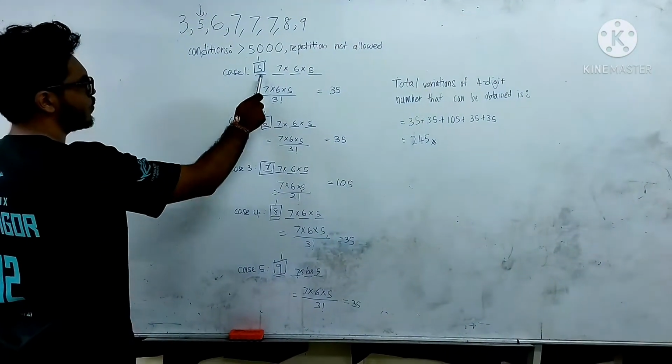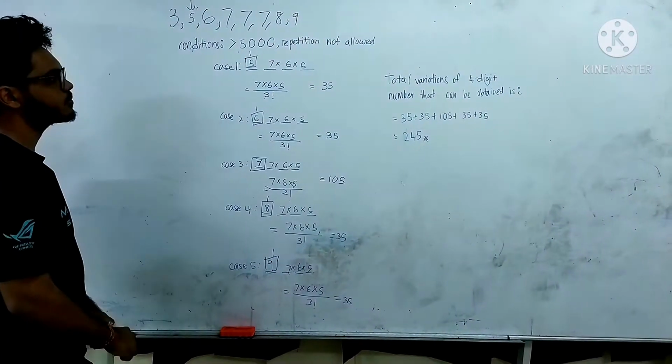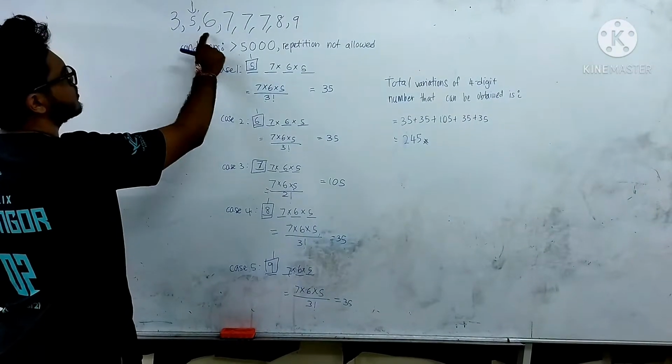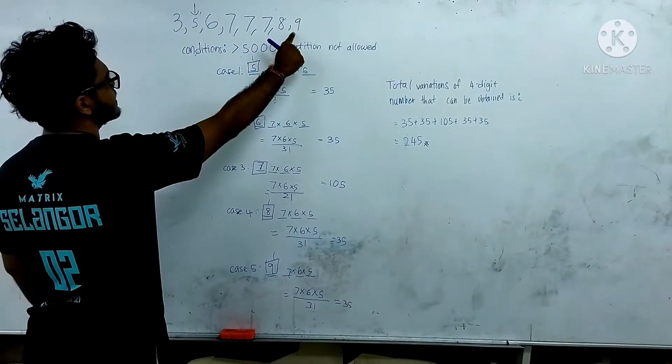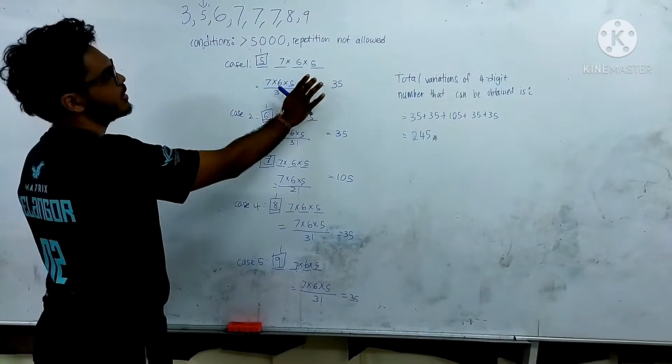In each case, one number will be taken for the front spot. Since 5 is taken in case 1, there are 1, 2, 3, 4, 5, 6, 7 numbers left to be filled in the other 3 spots.